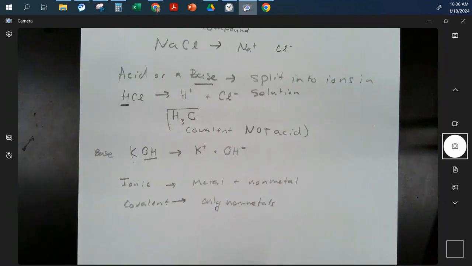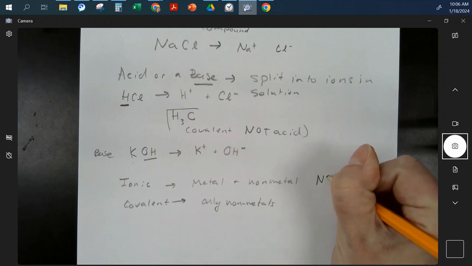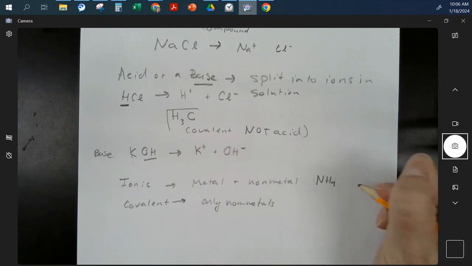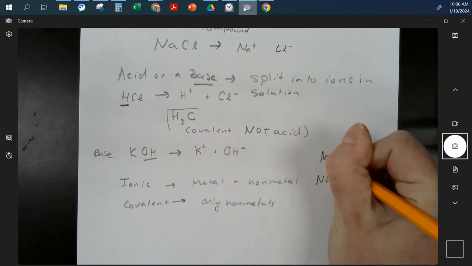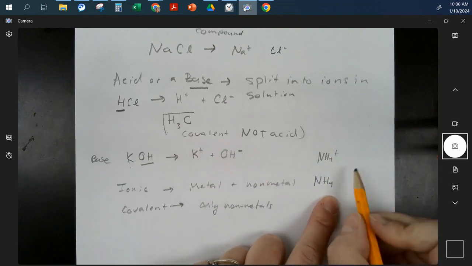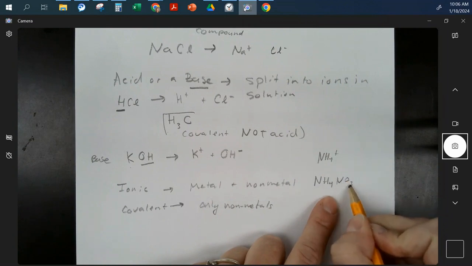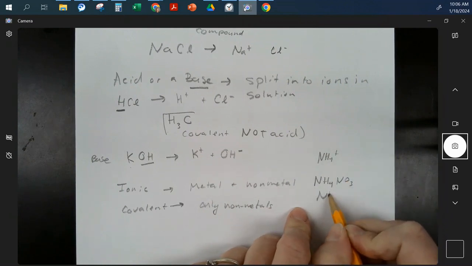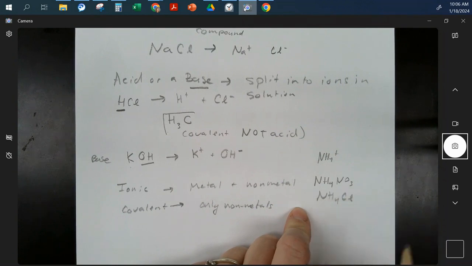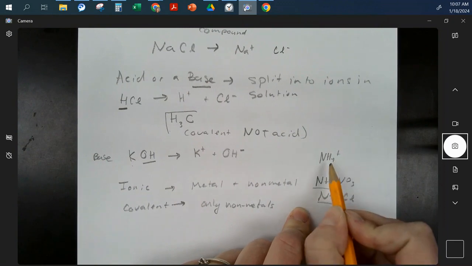There's a tricky exception. If I have ammonium and anything, remember ammonium is NH4 plus. If I have ammonium with something else, like ammonium nitrate, NO3, or ammonium chloride. If I have NH4, that's ionic because I have an ion.